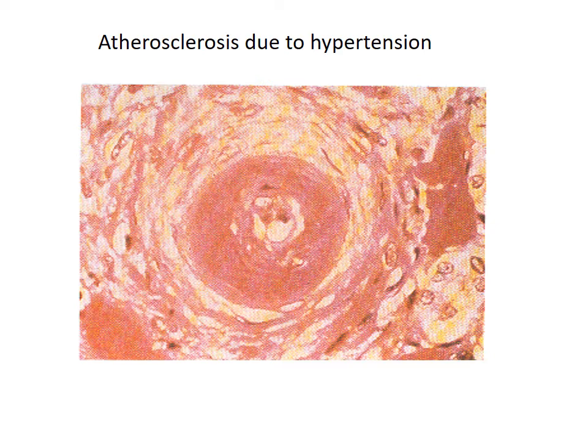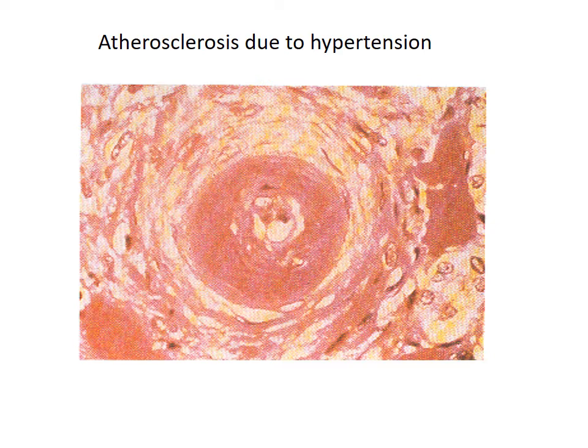I'm showing what it was. The outer extent showed the size of the lumen before hypertension set in. But with time, you can see progressive deposition of materials that encroaches on the lumen. And so this is what is left of the lumen of that particular blood vessel, which means that blood flow is then severely impaired. And such individuals can then have ischemic heart disease, can develop stroke, and have damage to other internal organs.